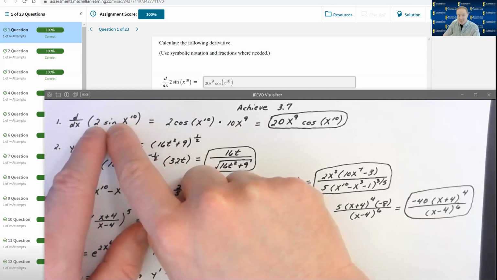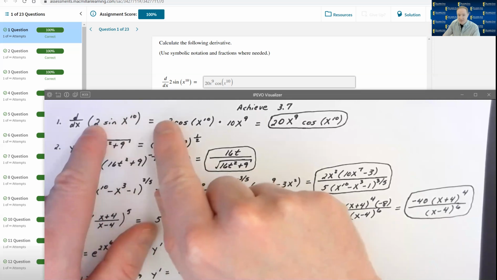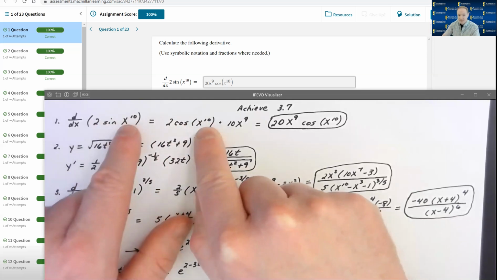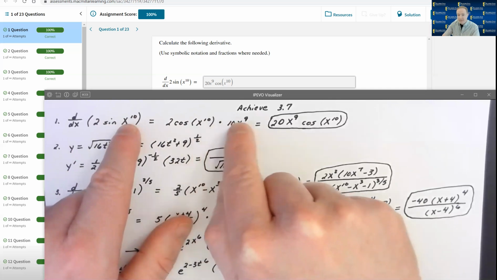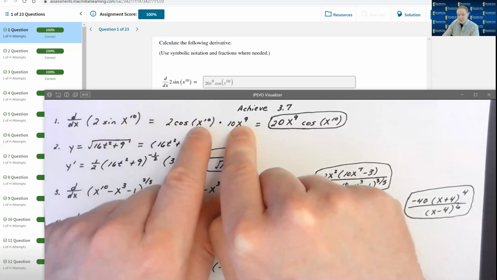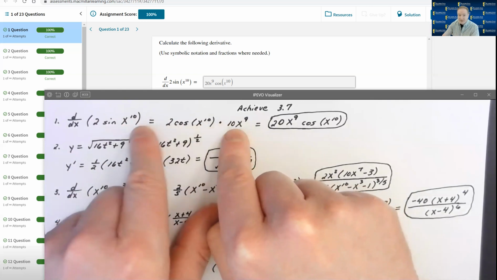So the chain rule says take the derivative of the outer function first. Well, the derivative of 2 times the sine is 2 cosine. Leave the inside alone. That's why there's still the x to the 10th. And then after you do that, you multiply by the derivative of what was on the inside. So we say, well, the derivative of x to the 10th is 10x to the 9th. This is our final answer.